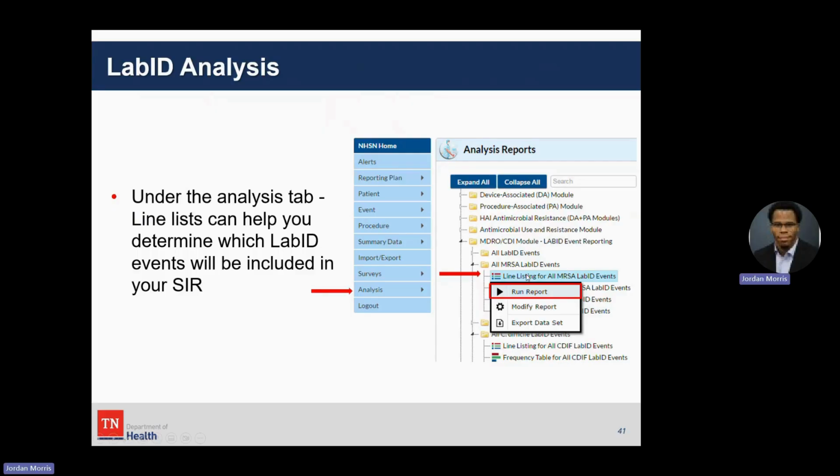You will go to analysis, all MRSA LabID events, and then you would click on line listing for all MRSA LabID events, and then you would run the report.